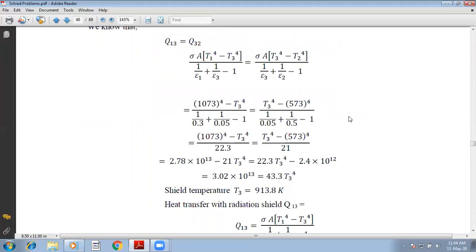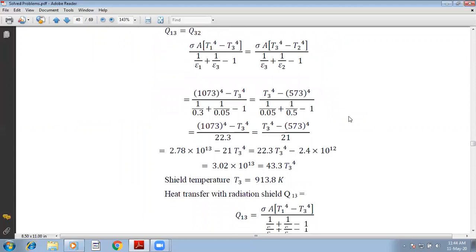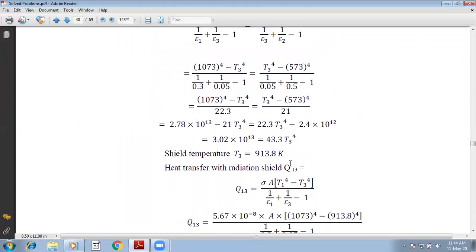Now the heat transfer with radiation shield will be sigma A (T1 to the power 4 minus T3 to the power 4) upon this value. You can use either Q13 or Q23.